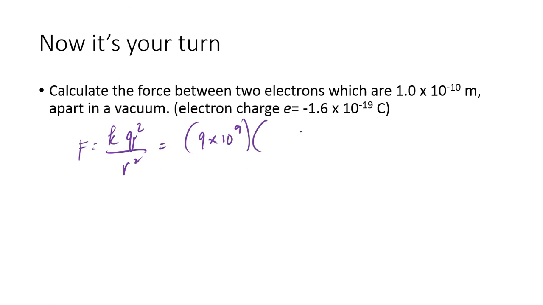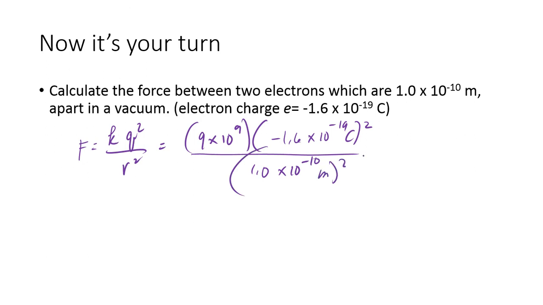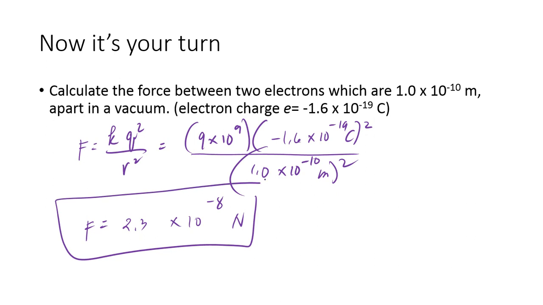Q here is negative 1.6 times 10 to the negative 19 Coulomb, squared, over 1.0 times 10 to the negative 10 meter, of course, squared. Having said that, you should have a value of 2.3 times 10 to the negative 8 Newton. That's your final value. That's the force experienced by 2 electrons.